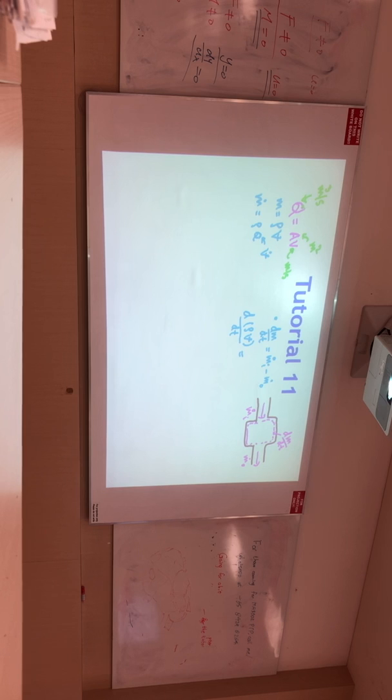Then what is Q? Q becomes area times velocity, correct? So I can write rho A_i V_i minus rho A_o V_o, where A_i is the inlet cross-sectional area with velocity V_i, and A_o is the outlet cross-sectional area with velocity at the outlet. Okay? We can write this.